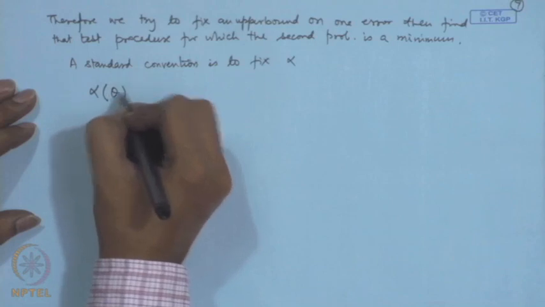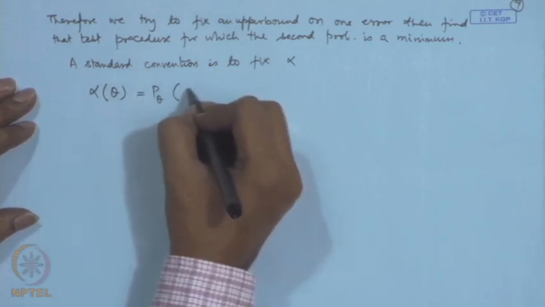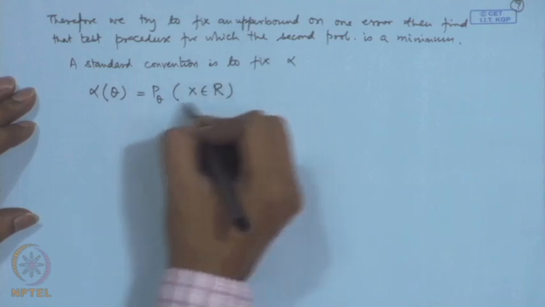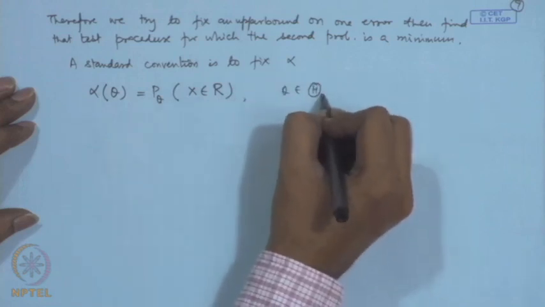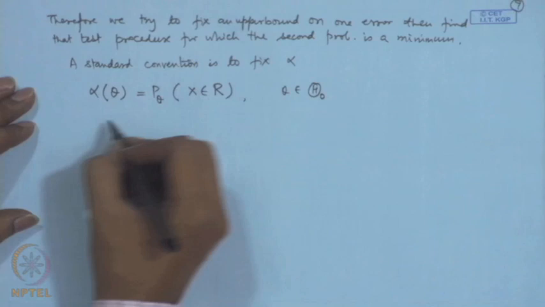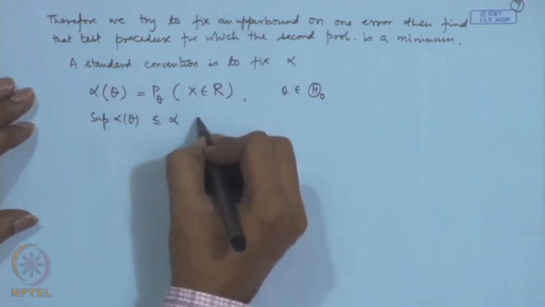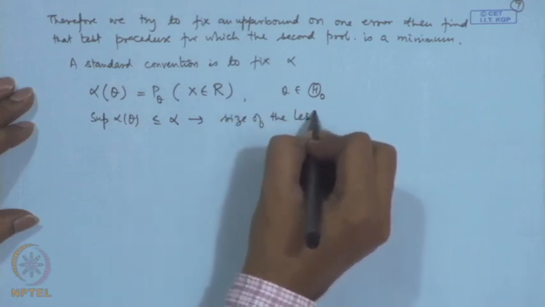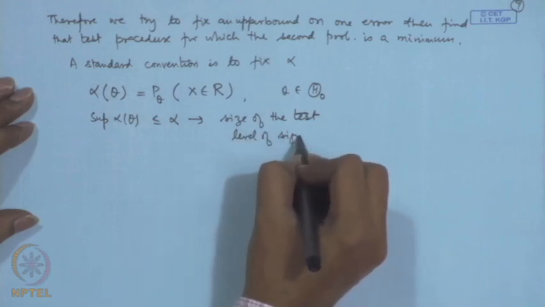For example, alpha will in general be a function of the parameter, that is the probability of rejecting H naught when theta belongs to theta naught, that is when it is true. So, we take the supremum of alpha theta less than or equal to alpha. This is usually called the size of the test or level of significance.